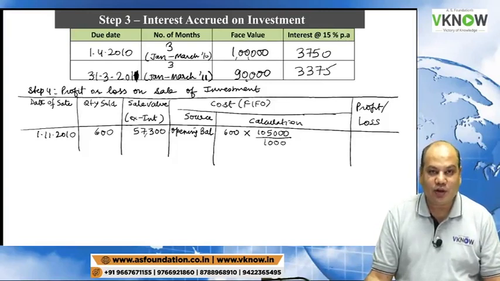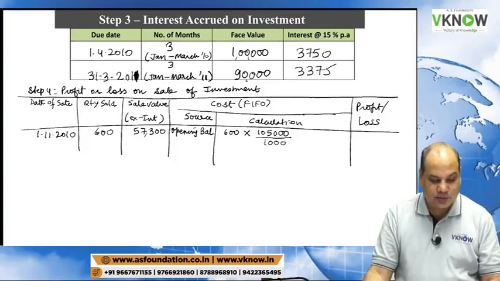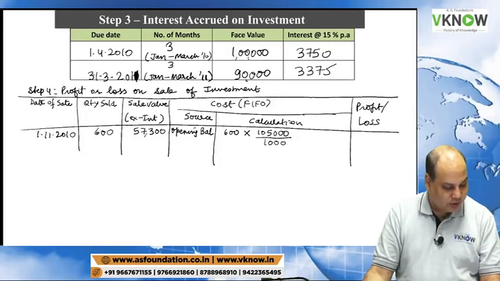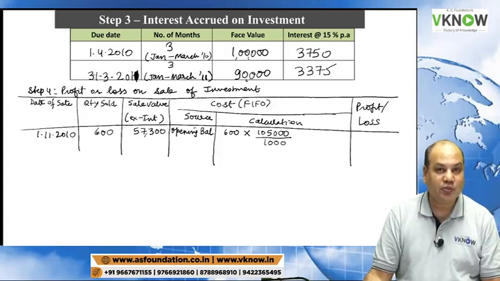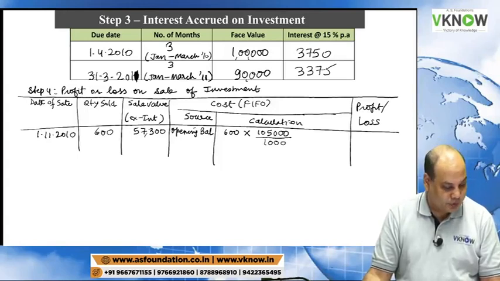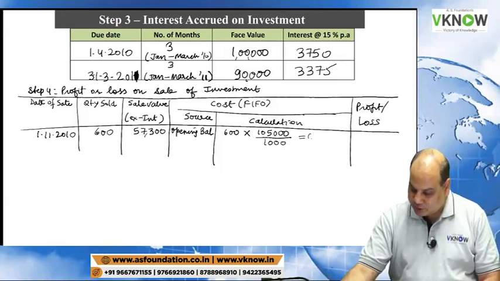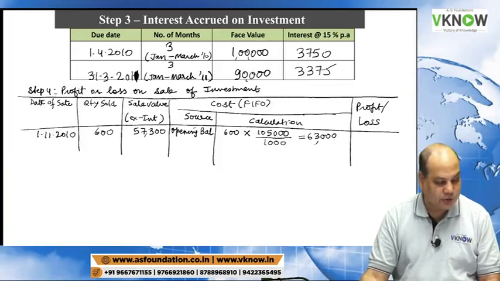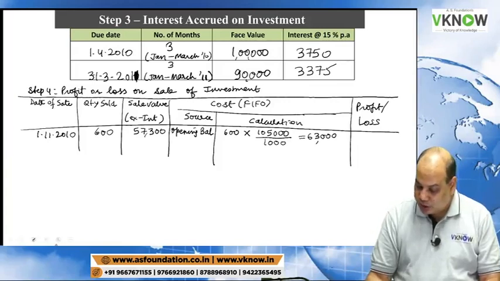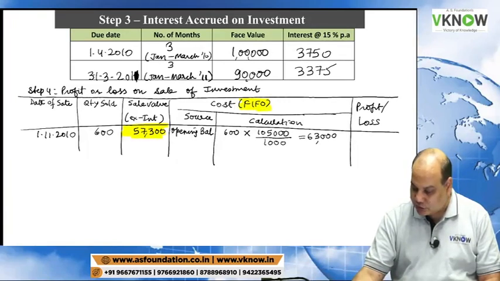So can we not calculate the proportionate amount? Come on. What is the proportionate amount? 63,000. Very good. Opening balance is the source. If you are following FIFO method, then first in, first out.